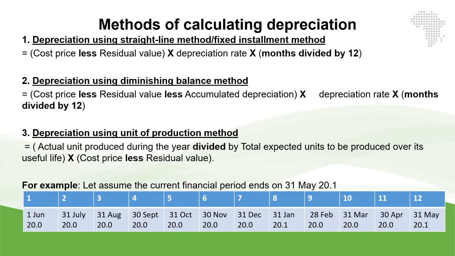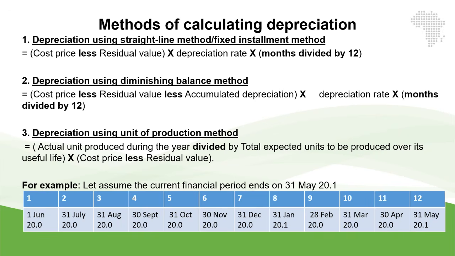And the last one that can be used is the unit of production method. Under the unit of production method, how do we calculate depreciation? You take the actual units that have been produced during the year, divide by the total expected units to be produced over its useful life, then multiply by the cost price less the residual value.